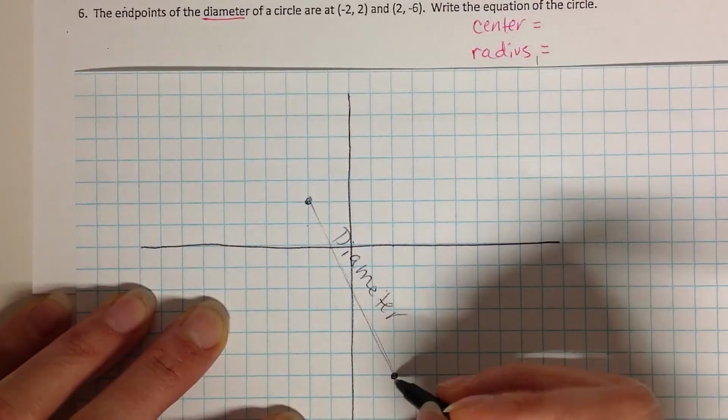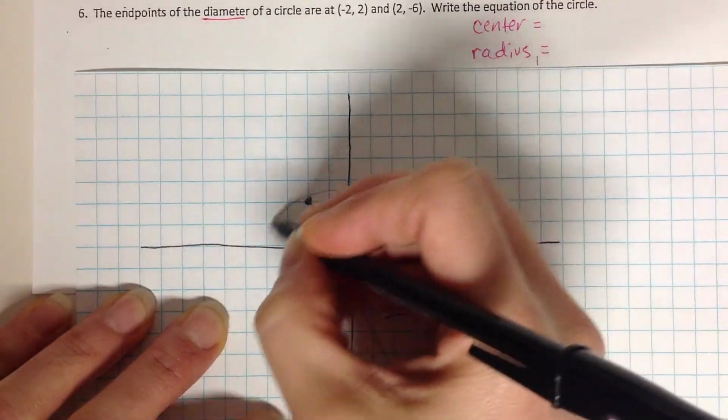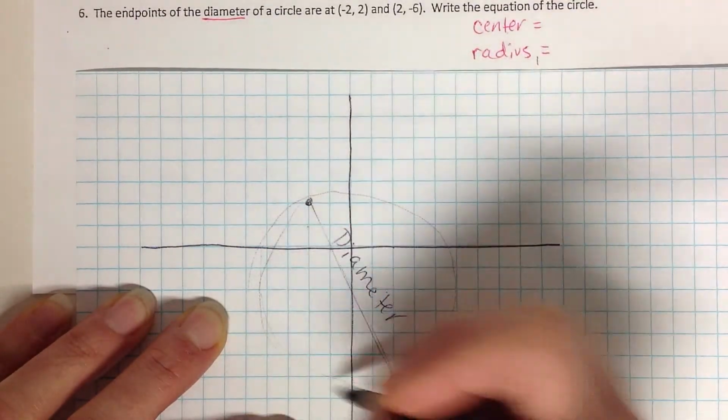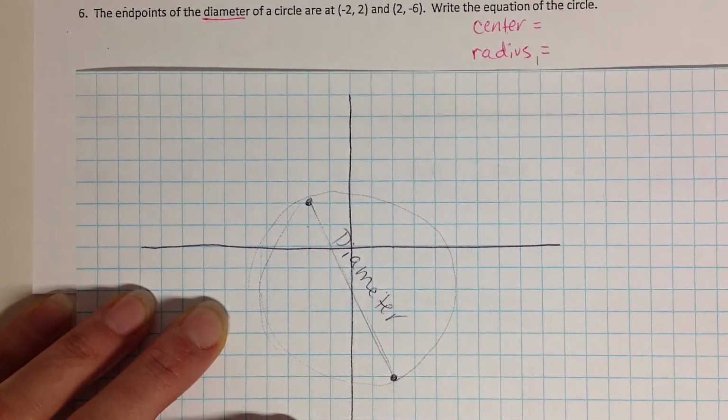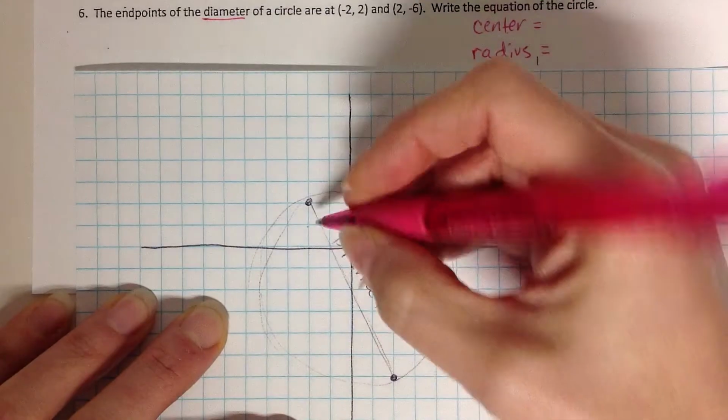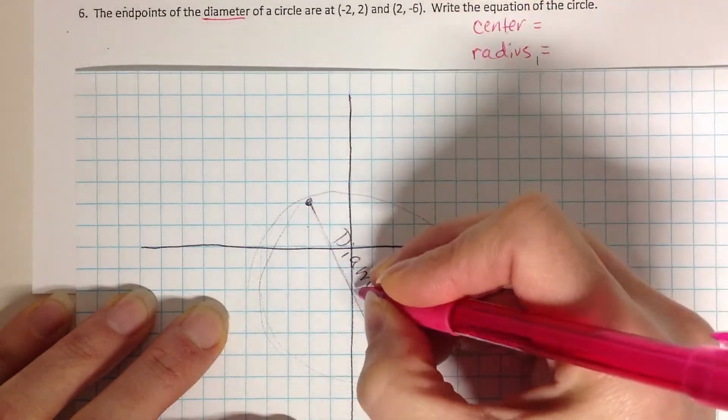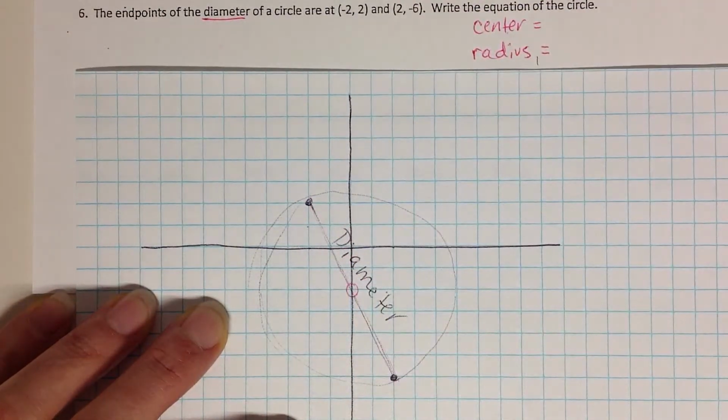So my circle is going to look something like this, right? Okay. What do I really need though? I don't need all those points. I'm just doing a sketch here. I need the center. So where's the center going to be? Well, the center is going to be halfway on the diameter, and I'm looking at this and I'm feeling pretty good about that, right?